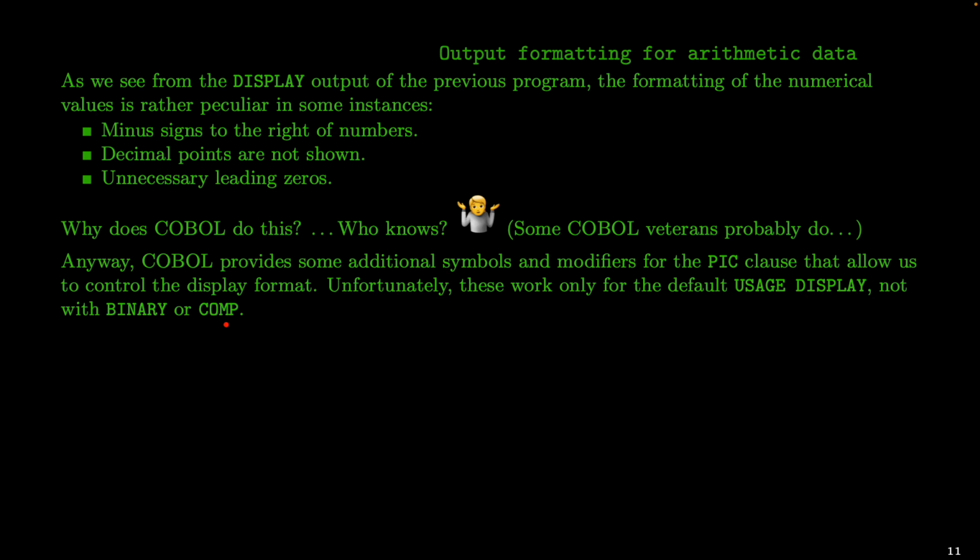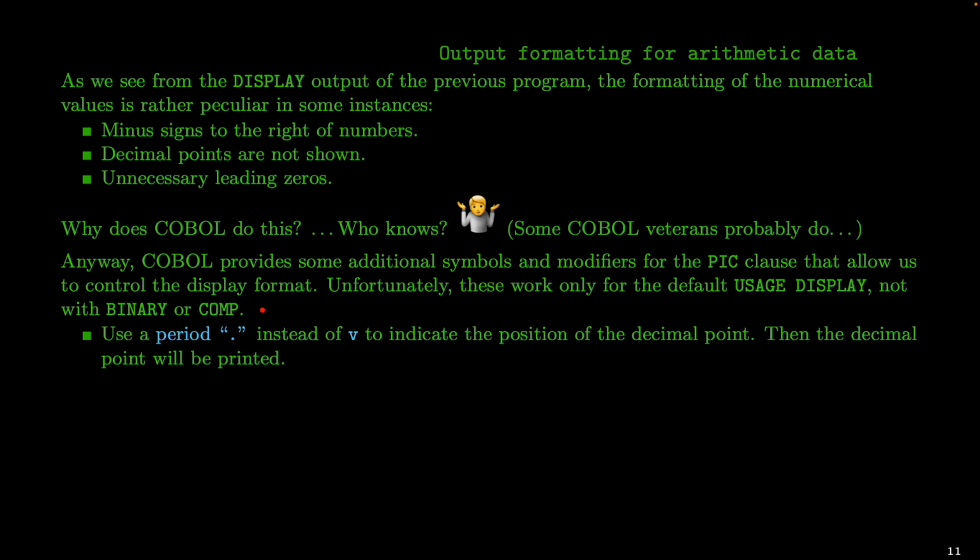In particular, this means if we want to properly print any variable that's defined as usage binary or usage computational, then we need to have a matching variable of type usage display and move the value to that one and print this corresponding variable if we want to have it properly formatted. That's a bit annoying, of course.